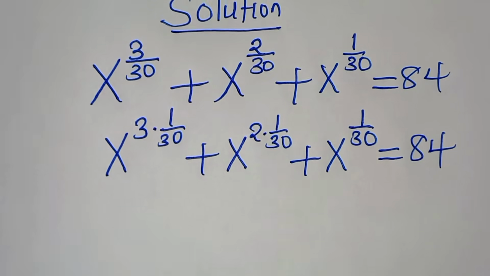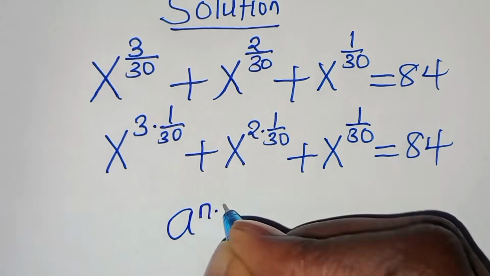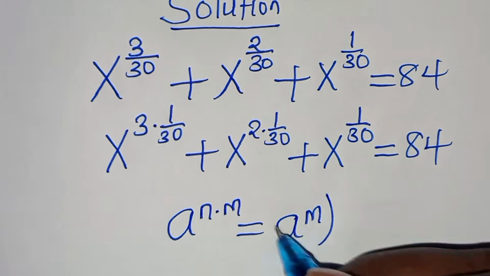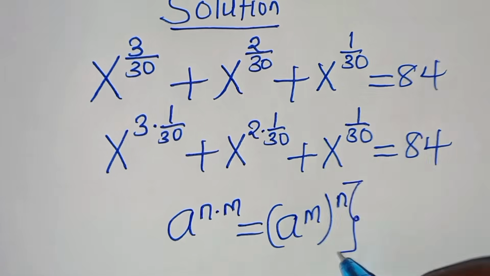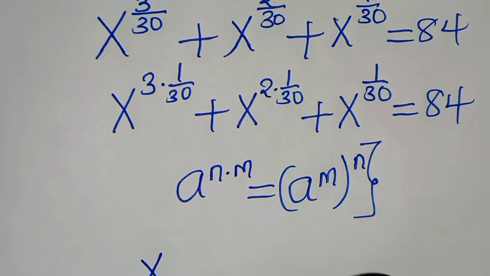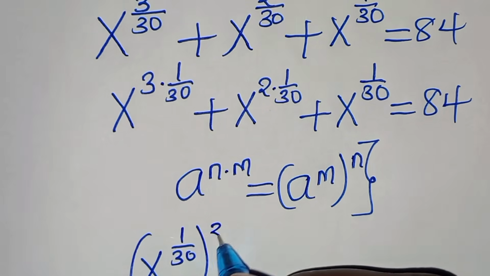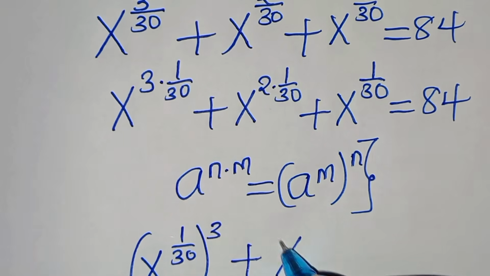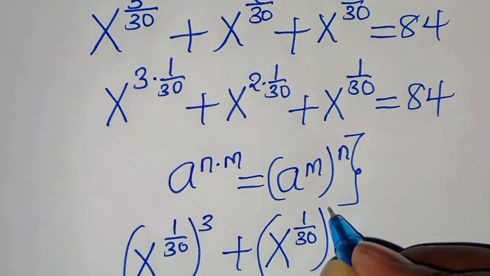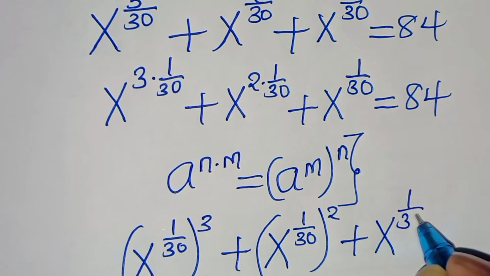Now, the next step from here: this is in the form of a to the power of n times m, which we can express as a to the power of m, raised to the power of n. Applying this exponent property, we have x to the power of 1 over 30 raised to the power of 3, plus x to the power of 1 over 30 raised to the power of 2, plus x to the power of 1 over 30.